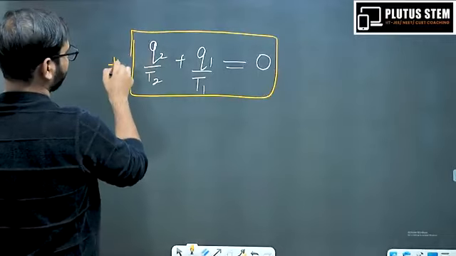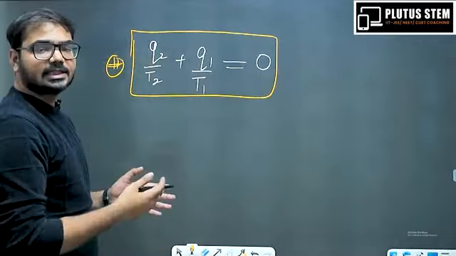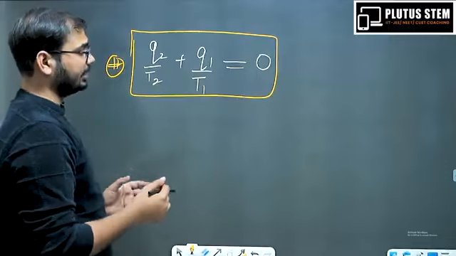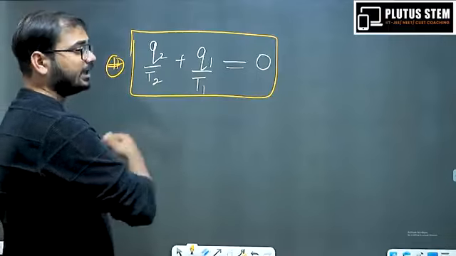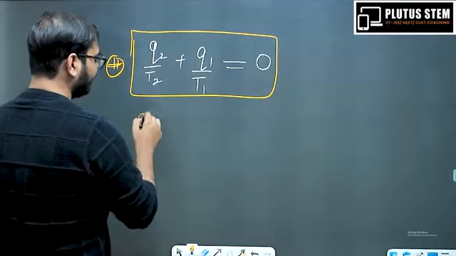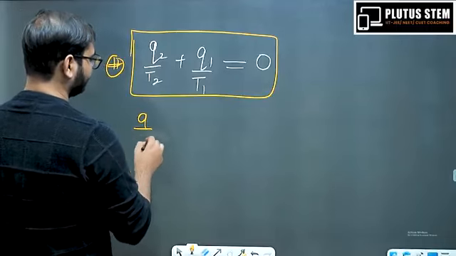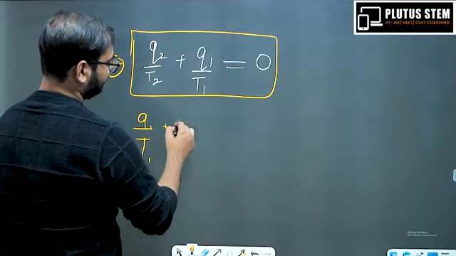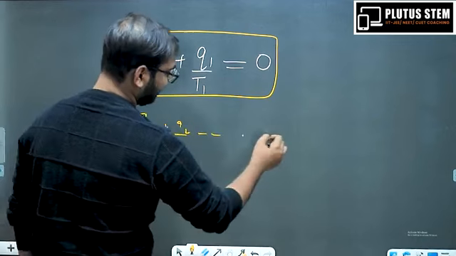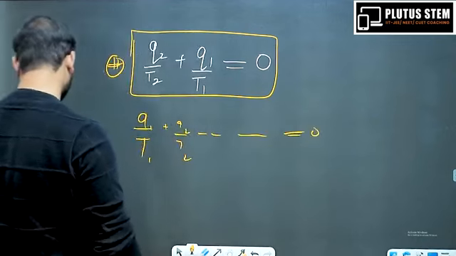So there is no change. Now, since the thermodynamic cycle of the Carnot that I'm talking about is divided infinitely, if there are an infinite number of steps, I can write Q1 by T1, Q2 by T2, and so on. They all will be equal to 0.